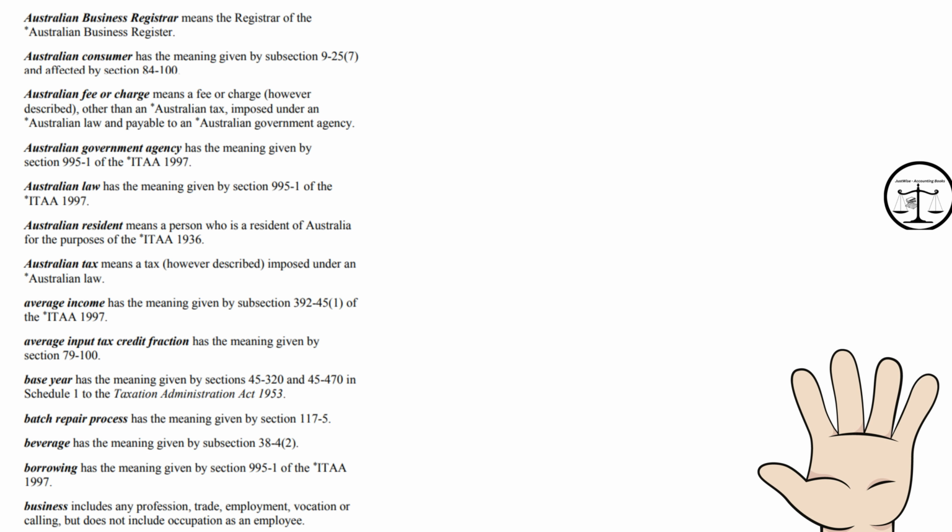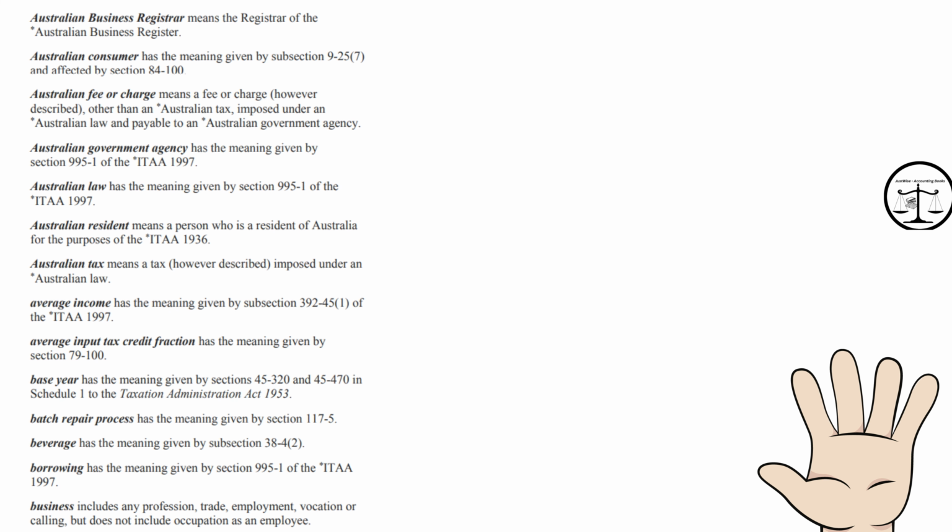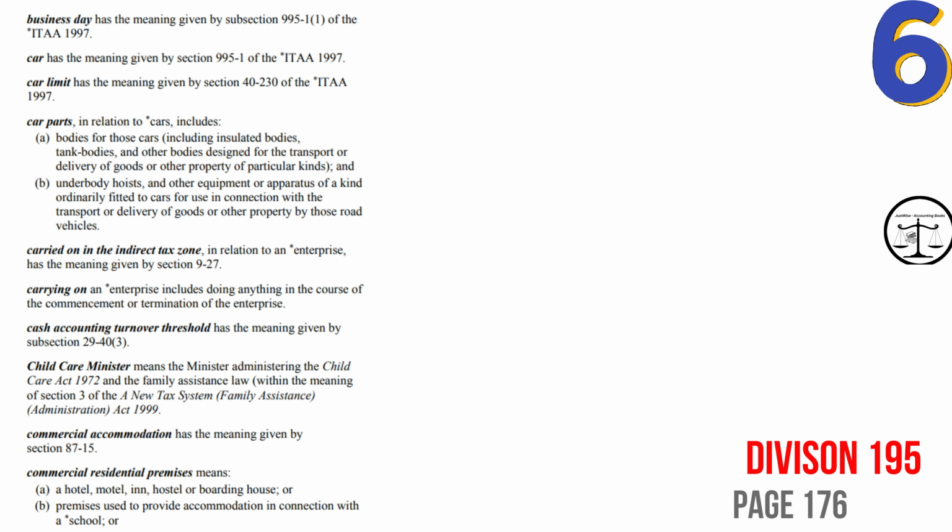Australian tax. 50. Average income. 51. Average input tax credit fraction. 52. Base year. 53. Batch repair process. 54. Beverage. 55. Borrowing. 56. Business. Next page. Page 176.